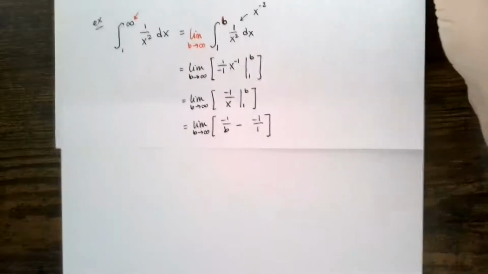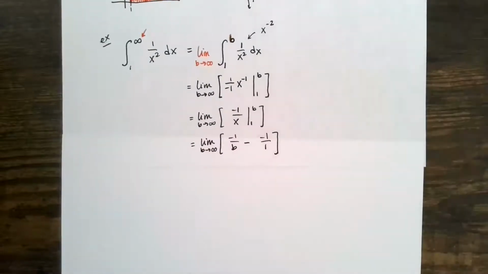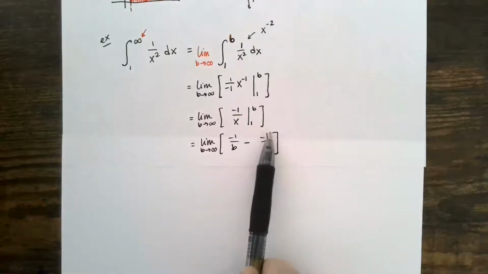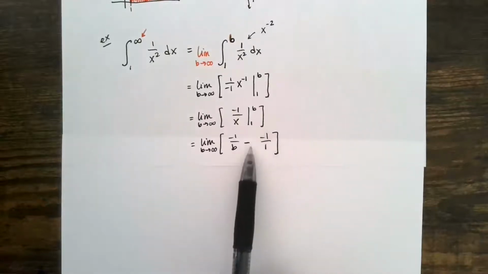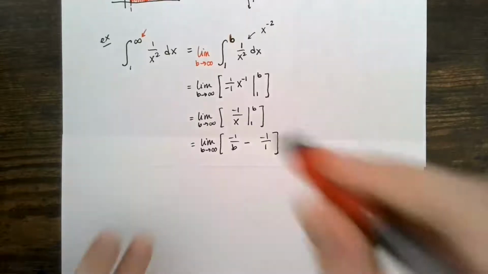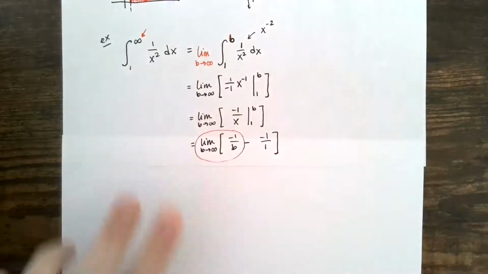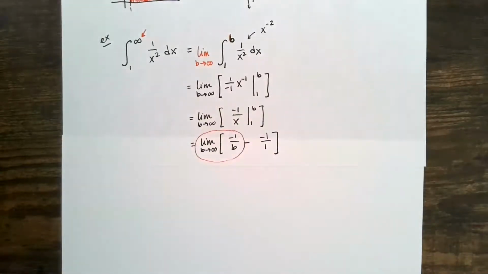Extend my paper here because I'm out of space. All right. So this right here definitely becomes a plus 1, right? We have minus and negative 1. But really, it's finally time to evaluate this limit. So your very last step, at least before the computation at the end, is to evaluate the limit as b goes to infinity.